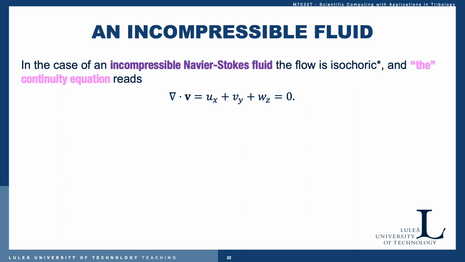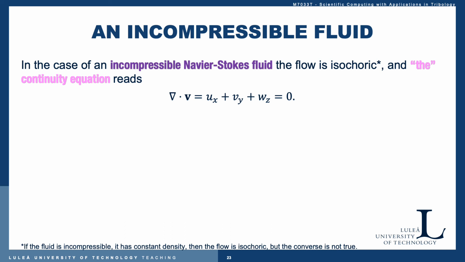Let us now consider an incompressible fluid. So when we have an incompressible Navier-Stokes fluid, the flow is isochoric, and we'll come back to this. And in this case, the continuity equation simplifies quite significantly, and it just becomes the divergence of the velocity being 0. So we note that if the fluid is incompressible, it has constant density. That's the meaning.